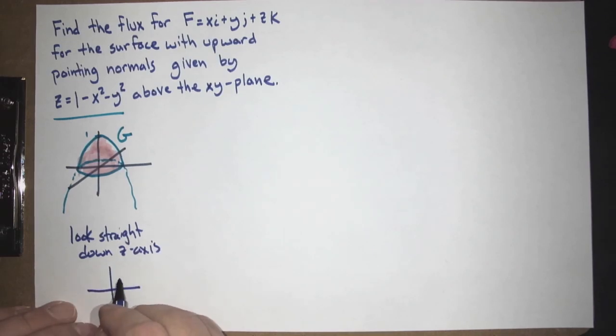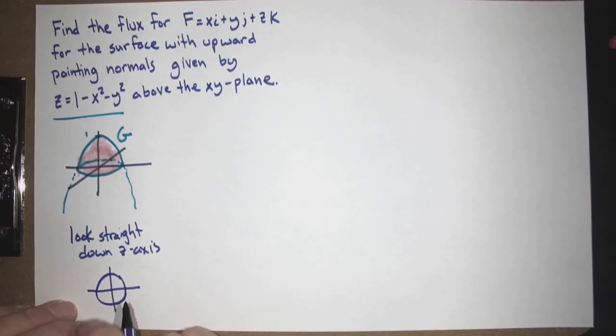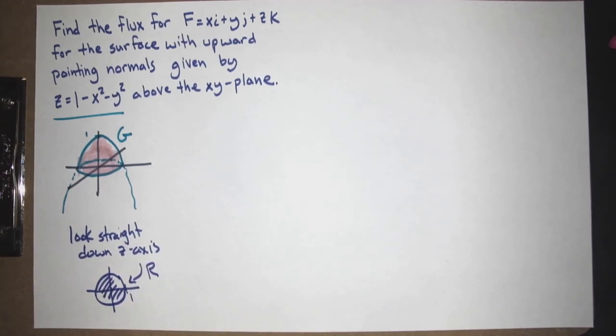Someone said circle. Can you tell me anything else about this circle? Center at the origin. Radius 1. Whatever you see, that's R. So it's look down from above, and where do you cover in the xy plane? So you'll see the word projection.